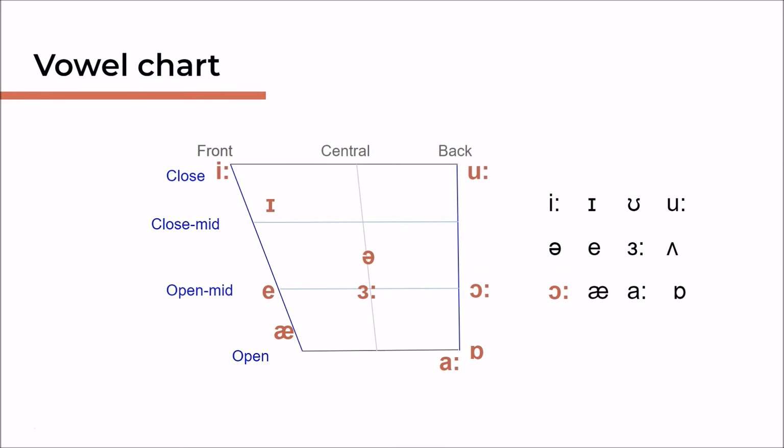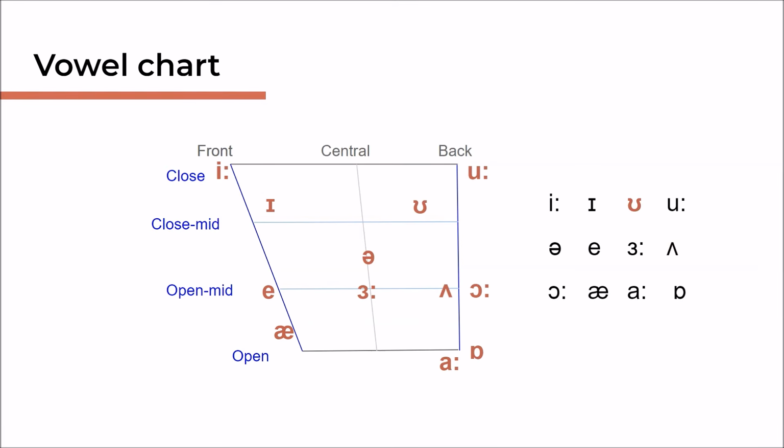So you notice like O, the mouth is not as wide open. And next to O, we have ah. O, ah. Different sound. One is a little bit more towards the front than the other, but they're both open mid vowel sounds.